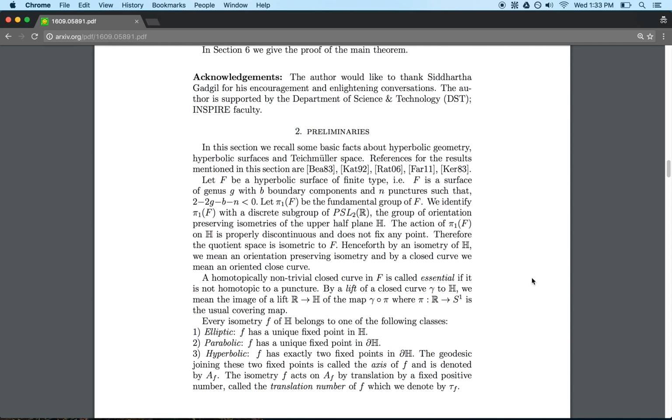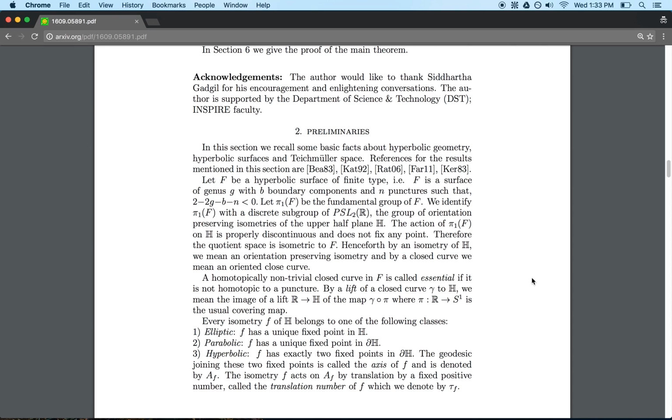Let pi_1(F) be the fundamental group of F. We identify pi_1(F) with a discrete subgroup of PSL_2(R), the group of orientation preserving isometries of the upper half plane, H. The action of pi_1(F) on H is properly discontinuous and does not fix any point.